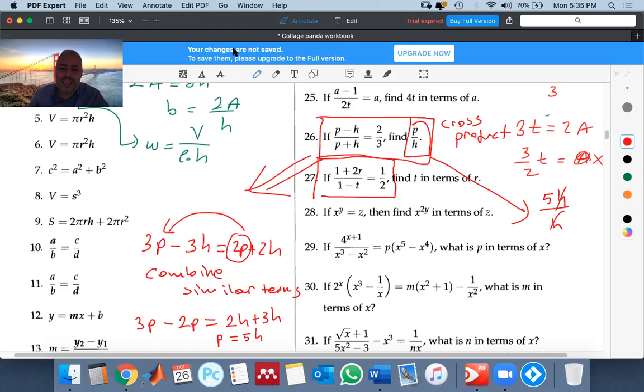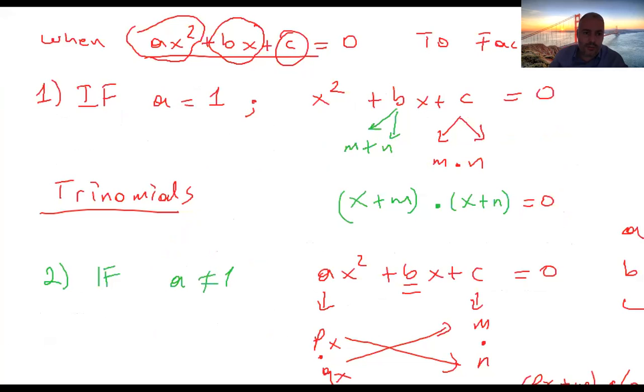Okay, good. Let me solve it, guys, so you can check your answers by yourself. And it's better to open the whiteboard. One minute. Let's open it. The question was (1 plus 2r) divided by (1 minus t) equals a half.